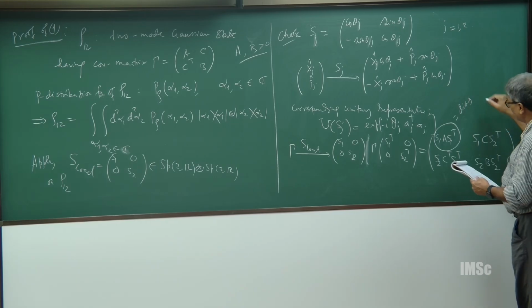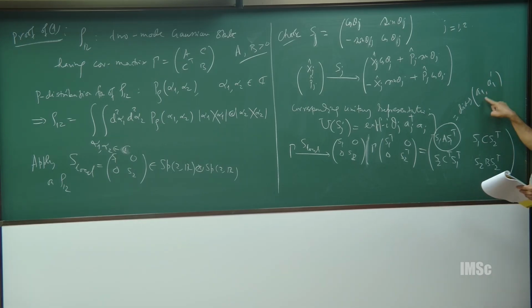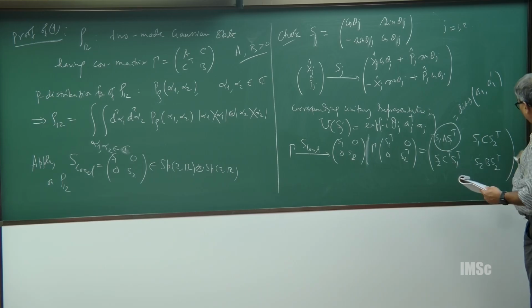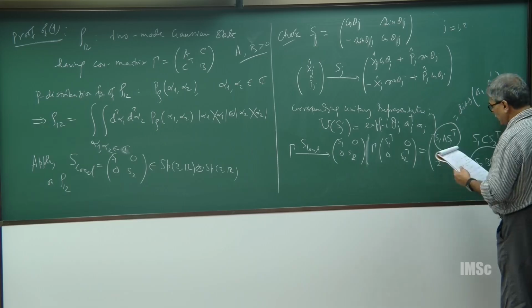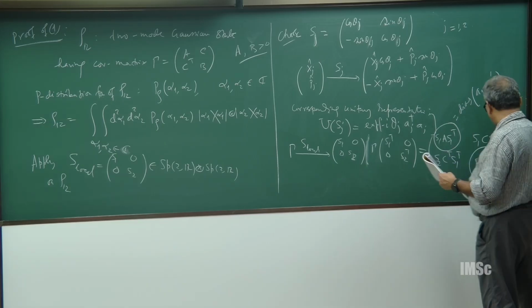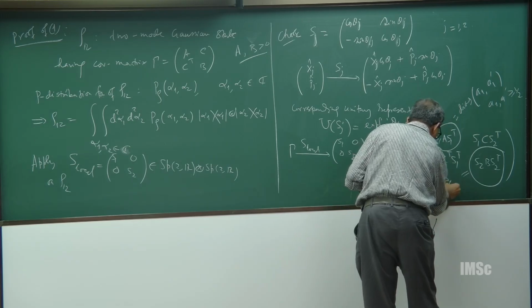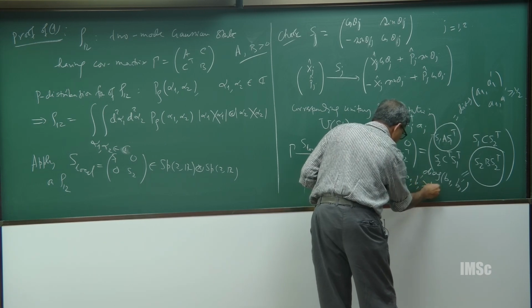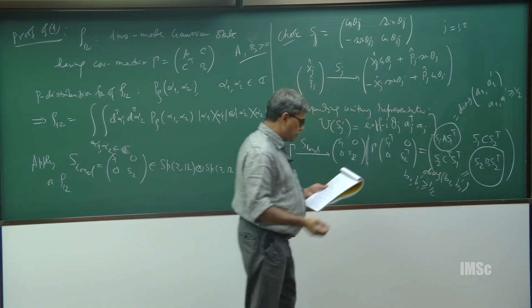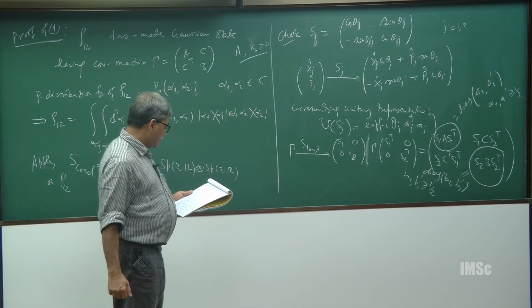So, this is like A_1 and A_1 prime, where both of them are non negative, in fact, greater than or equal to half. Similarly, this I can choose as diagonal of B_1 and B_1 prime, where both B_1 and B_1 prime are greater than or equal to half, because of the uncertainty relation, right. Okay. So, this I can choose, right.